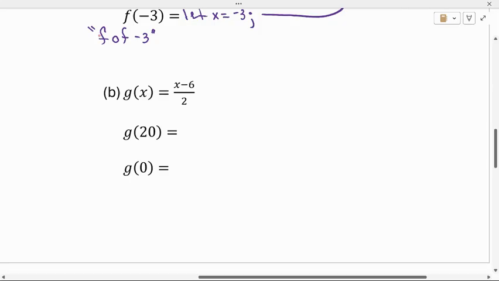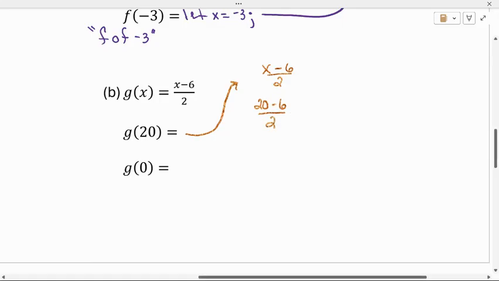Let's look at example B. So this is the function g of x. G of x equals x minus 6, the quantity divided by 2. So we have to evaluate g of 20. That means I'm taking the function x minus 6 divided by 2, and I'm replacing the x with what? 20. 20 minus 6 divided by 2.